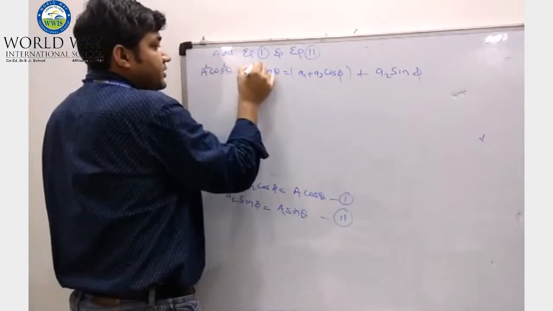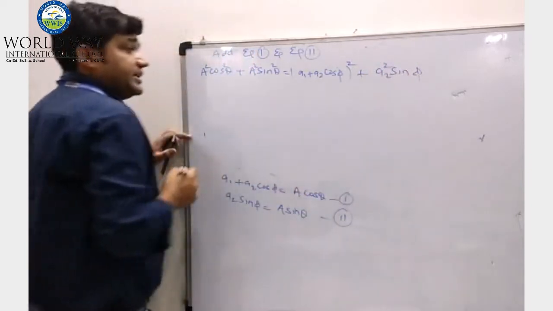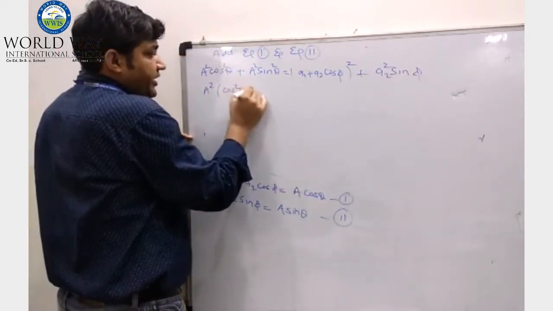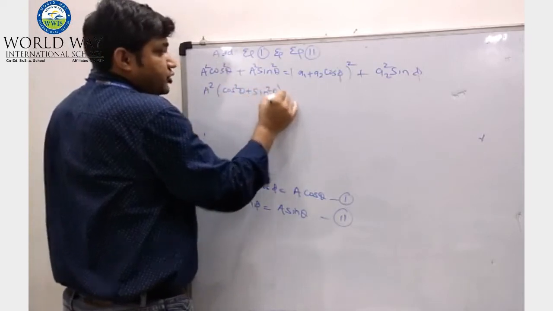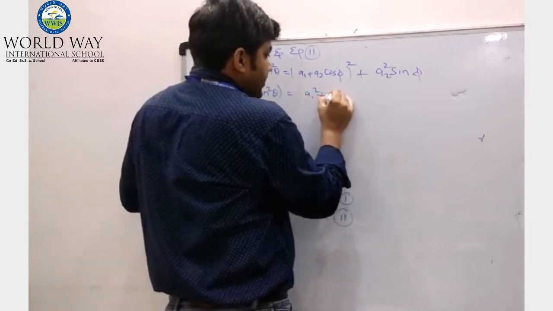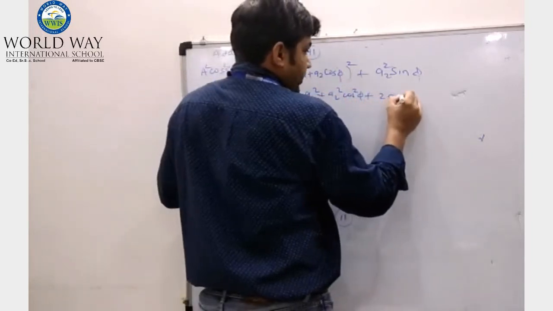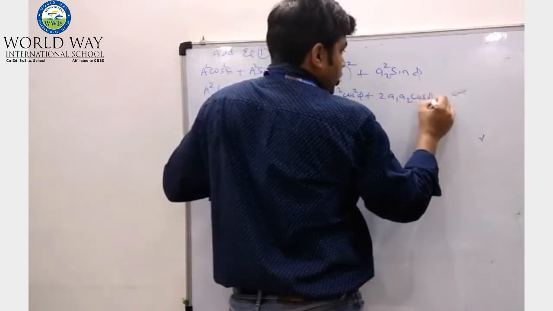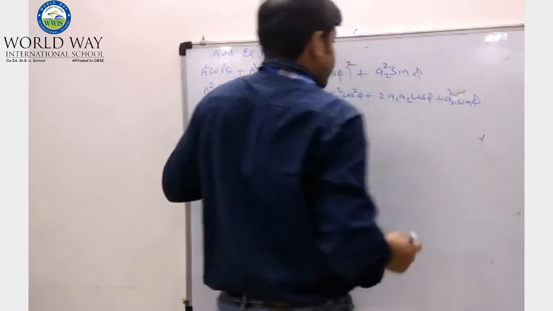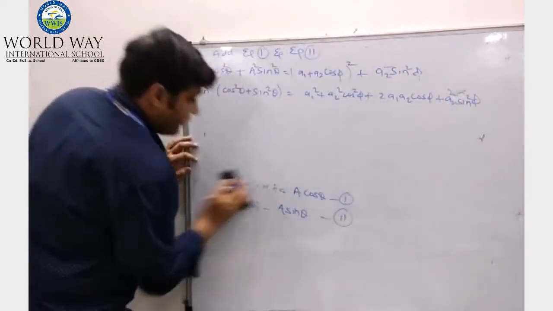Squaring and adding, A square cos square theta plus A square sin square theta equals, using (a plus b) whole square, a1 square plus a2 square cos square phi plus 2 a1 a2 cos phi plus a2 square sin square phi.